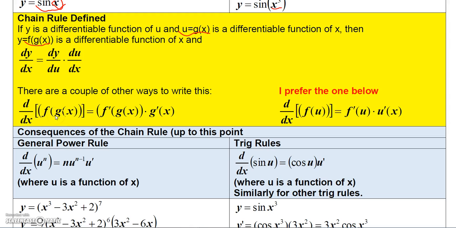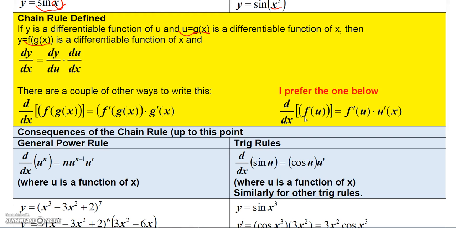Now I find it a little bit easier to follow if I write it like this. The derivative of f evaluated at g of x is the derivative of f evaluated at g of x times the derivative of the g function. Now, over all these definitions, I prefer this one.